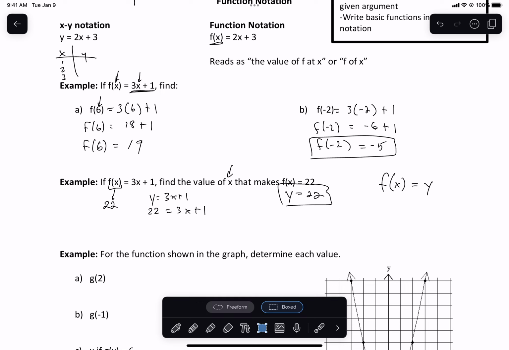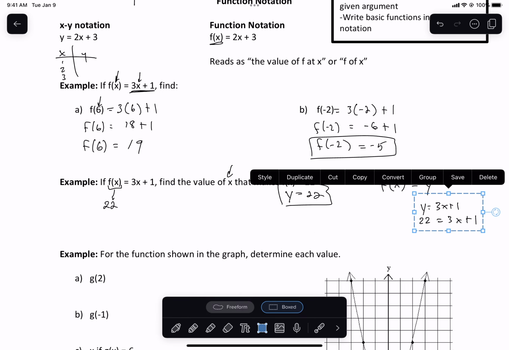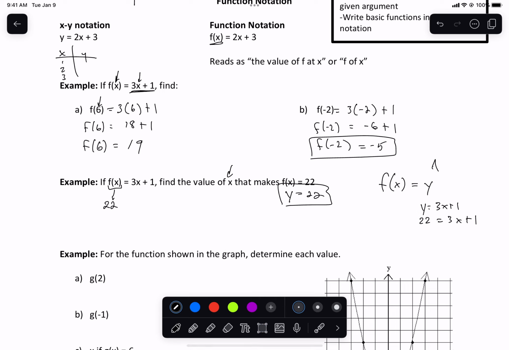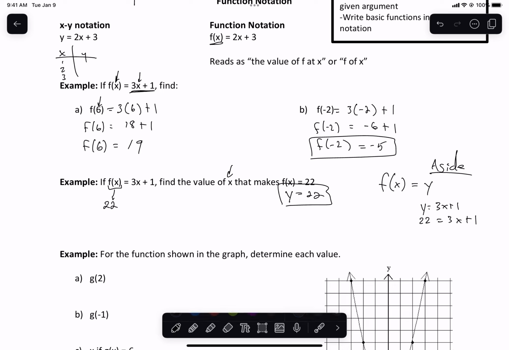I'm going to get rid of that and put it over here, and we'll call it a side. Okay, so 22 is equal to 3x plus 1. Let's solve for x. Take away 1, take away 1.